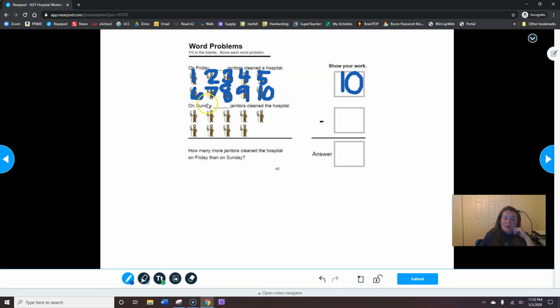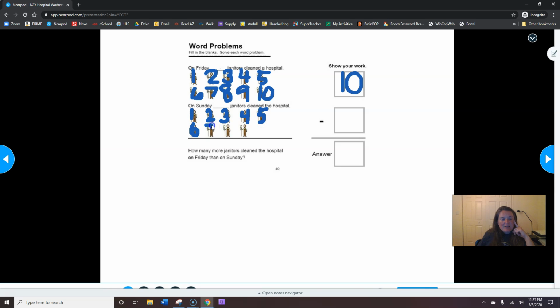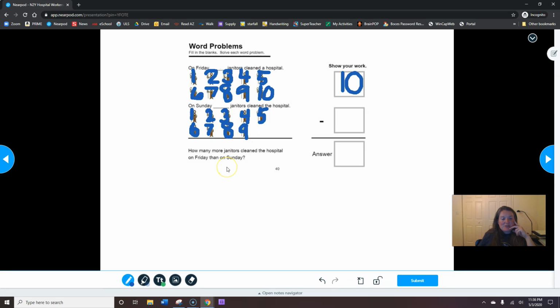Now we get to count how many in the next row. First I label, then we count. 1, 2, 3, 4, 5, 6, 7, 8, 9. So I labeled them.